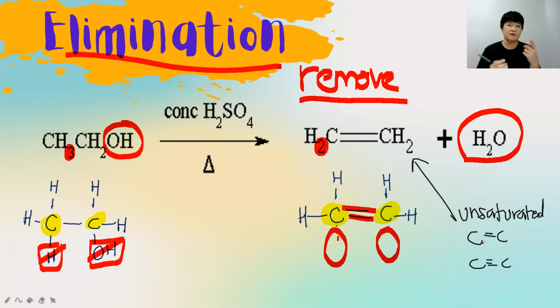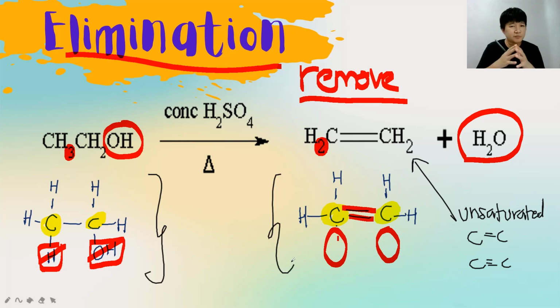You have three types: addition, substitution, elimination. Just make sure you know how to differentiate them. Make sure you know how to identify the changes. Just one kind reminder: if you cannot identify the changes, it's easy. Expand your structure. Expand the structure and identify the changes that happen at which carbon.